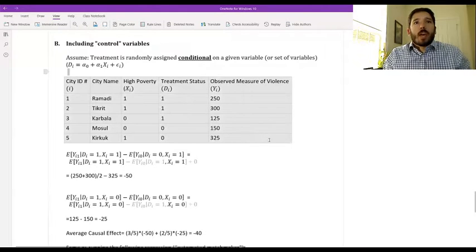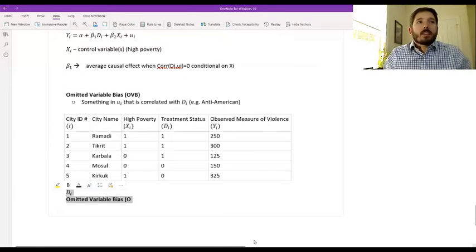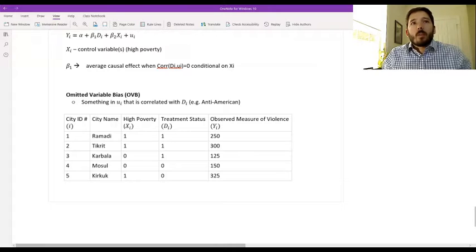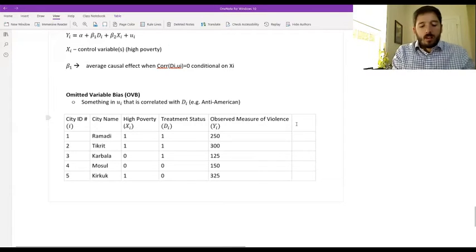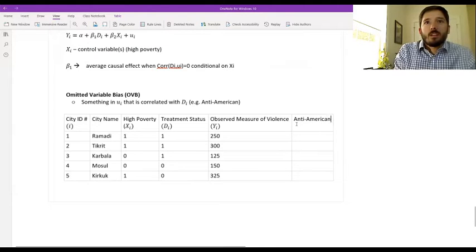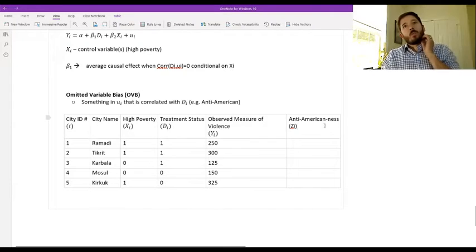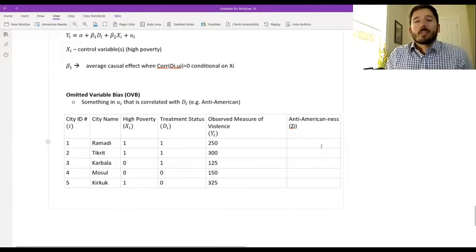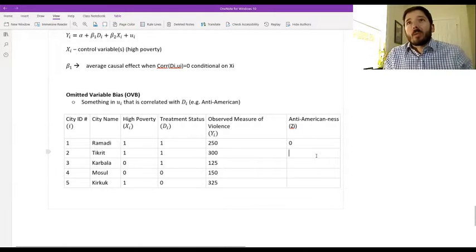So let's do an example where maybe there's some additional variable that we're not seeing in the data that we looked at before. Some variable like anti-Americanness, and let's call that Z_i. I'm just going to use an indicator variable here, but you could do the same idea with a continuous variable.